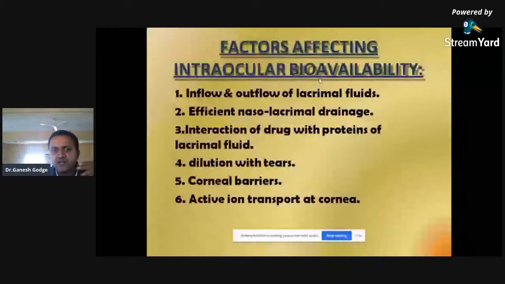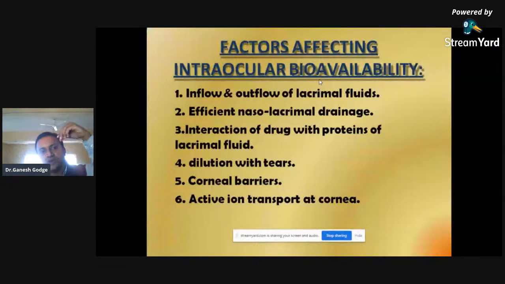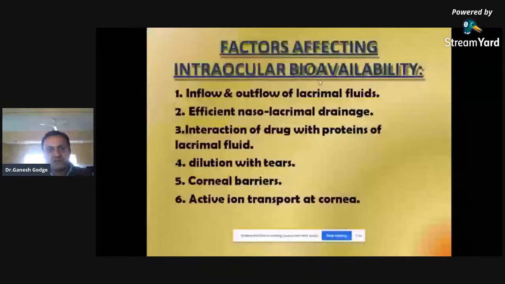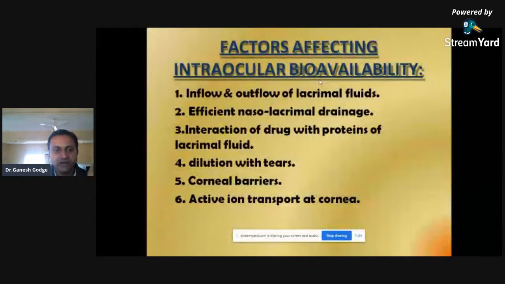How does it affect? Due to inflow of tear fluid, the 30 microliters of drug which you instill immediately becomes diluted, and the volume becomes more than 70 microliters. So there is spillage over the surface of the cheeks, and some amount enters into the nostrils. So very much wastage of drug is possible due to inflow and outflow of lacrimal fluid.